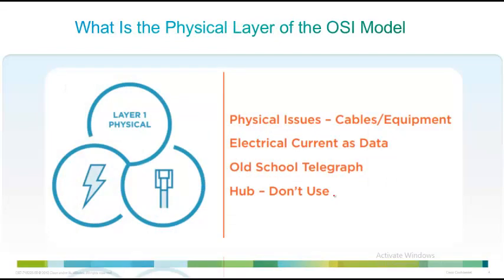Now, as I said, physical layer is the very first layer in the OSI model. Layer 1. Now, what is the responsibility of this layer? The responsibility of this layer is to provide connectivity.